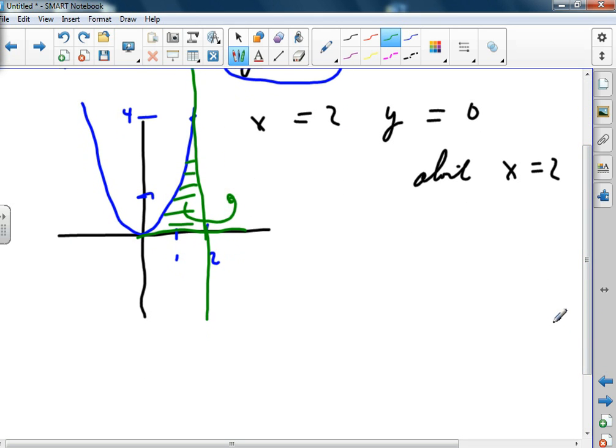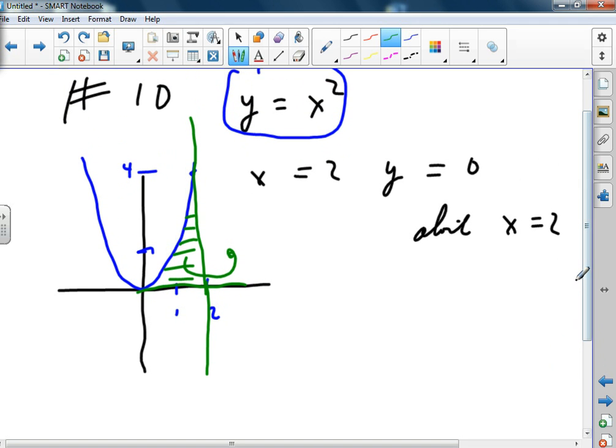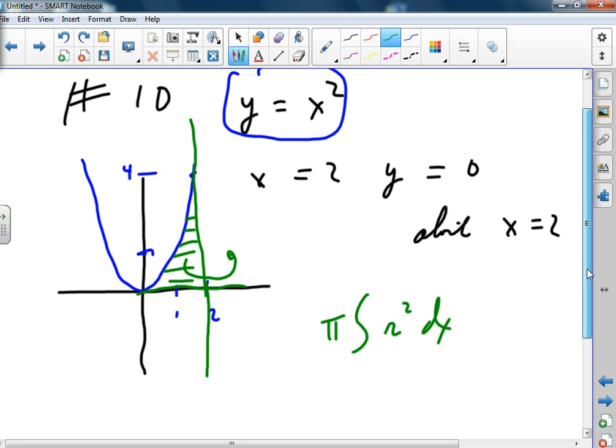So that's the same as rotating around y. So how are we going to do that? We want pi integral radius squared dx. Okay, that's what we want.